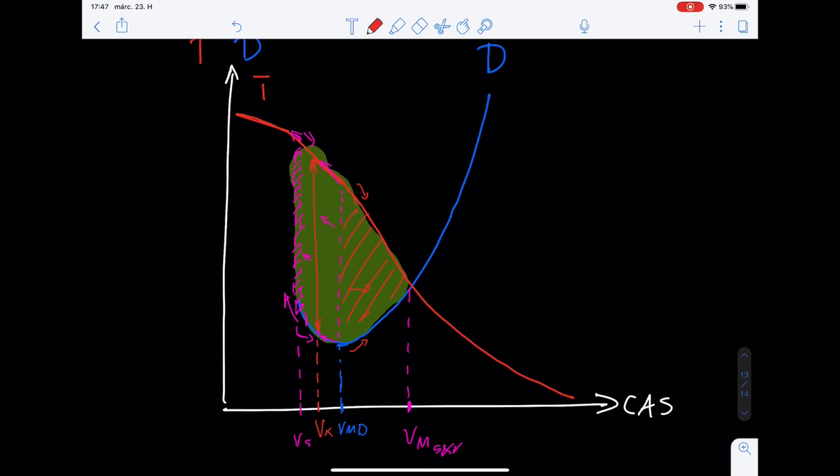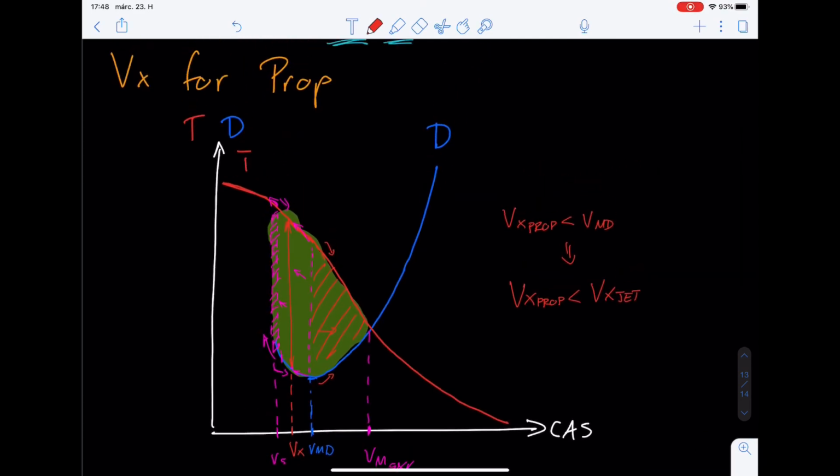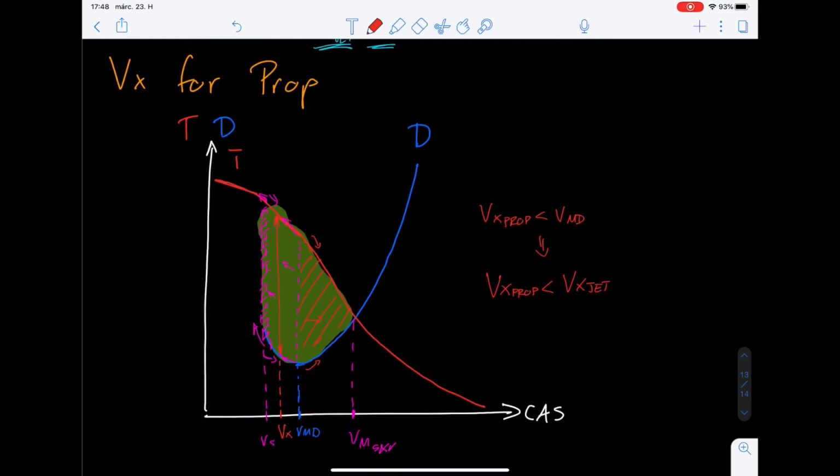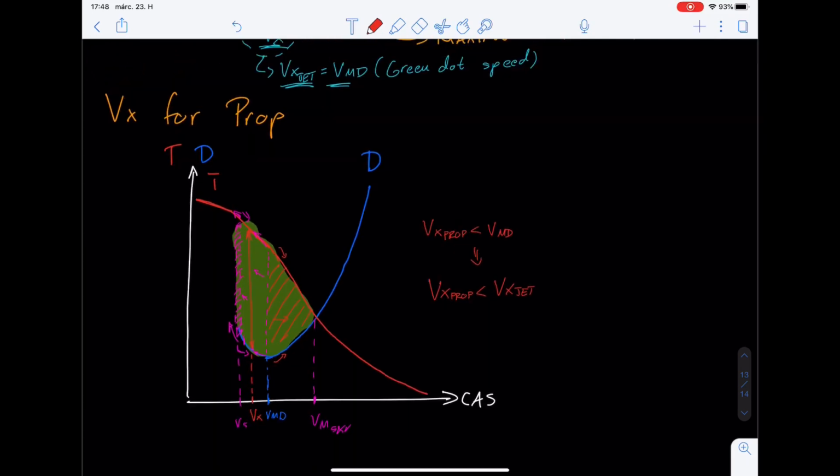So there's no exact value to remember the VX from, but it's definitely slower than VMD for the propeller. So therefore, we can generally say that the VX for the prop is also slower than the VX for the jet. Right, so that's the best angle of climb speed for the propeller-driven aircraft, and this is how you can sort of remember it.